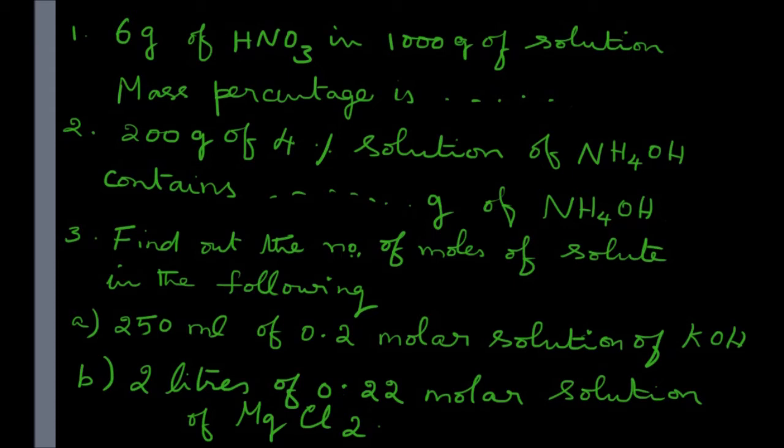First solution, 250 ml of a 0.2 molar solution of potassium hydroxide, and second solution is 2 liters of 0.22 molar solution of magnesium chloride. These problems involve very simple calculations, so you can work them out. I will give you answers at the end of the session.